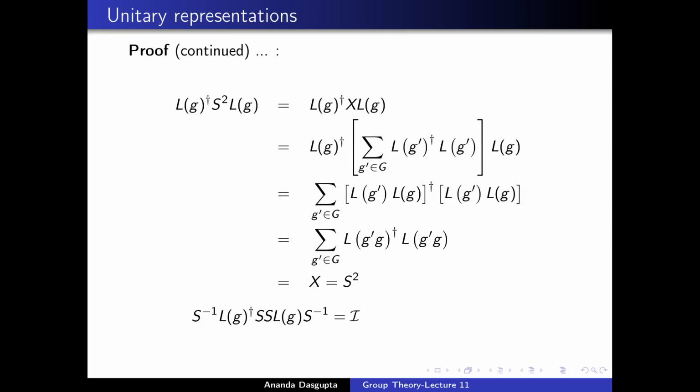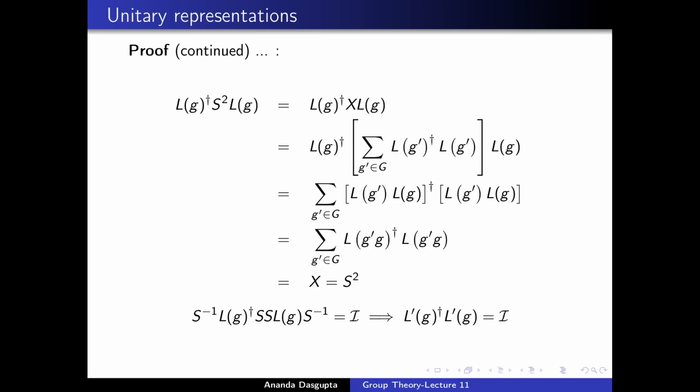Note that because S is a Hermitian operator, S inverse L_g dagger S is the Hermitian adjoint of S L_g S inverse. As a result, if I were to define a set of similar transformations, similar to L_g I mean, for each g, by L prime g equals S L_g S inverse, then each of the L prime g's for each and every small g will obey L prime g dagger L prime g equals the identity.